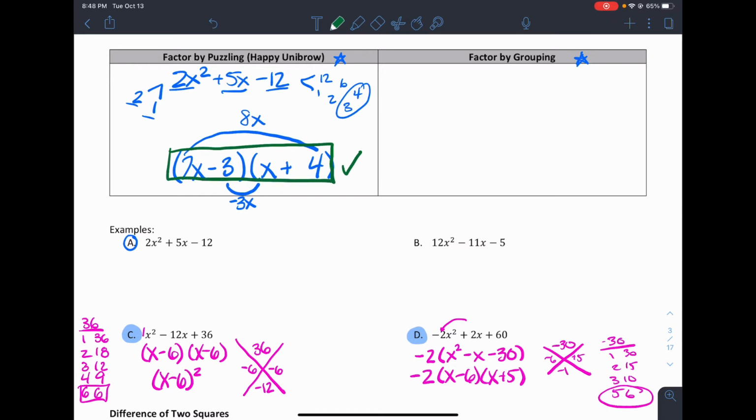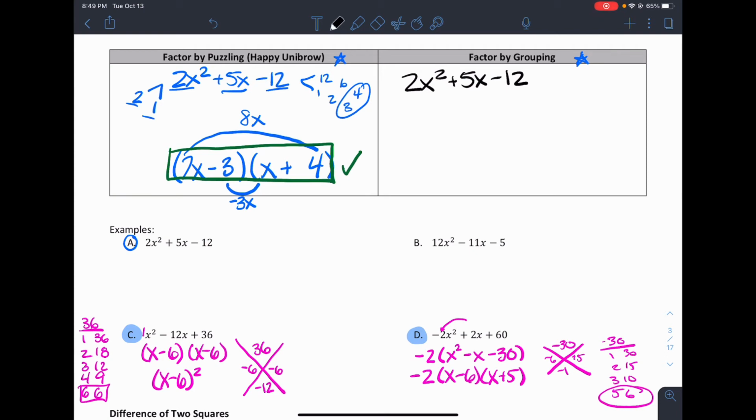Let's try the same example by grouping. So, if I have 2x squared plus 5x minus 12. When this number in the front is bigger than 1, when it's not 1, what I need to do is account for that by multiplying.